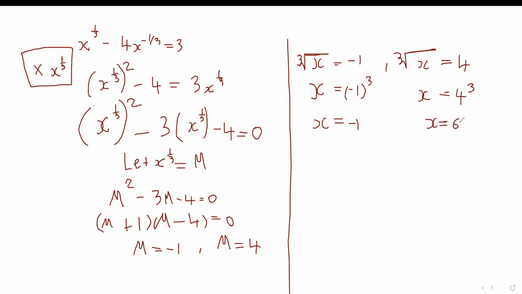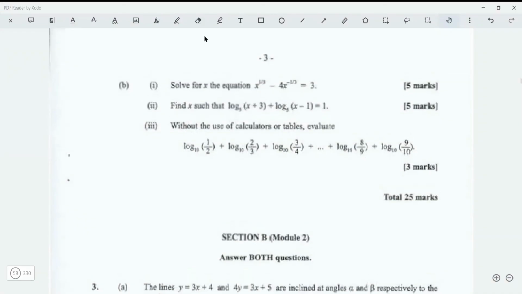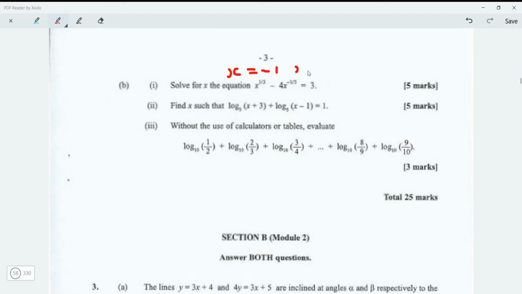So x equal minus 1 or x equals 64. Nice and easy. So for the first part, we get x can equal negative 1 or x equals 64.